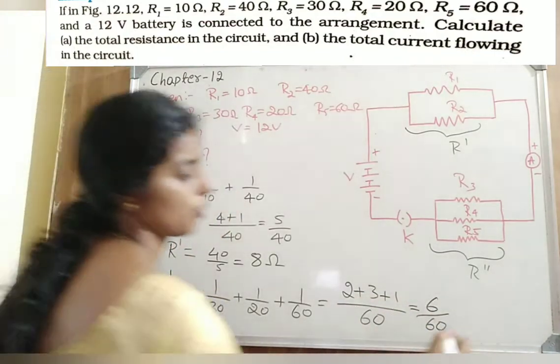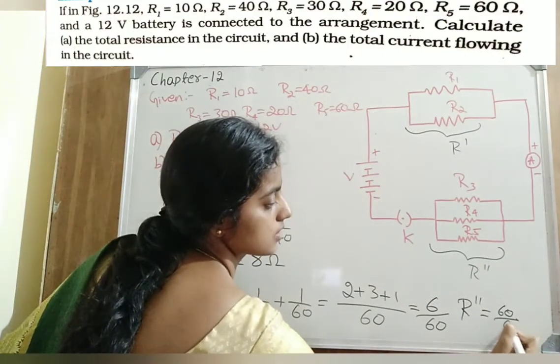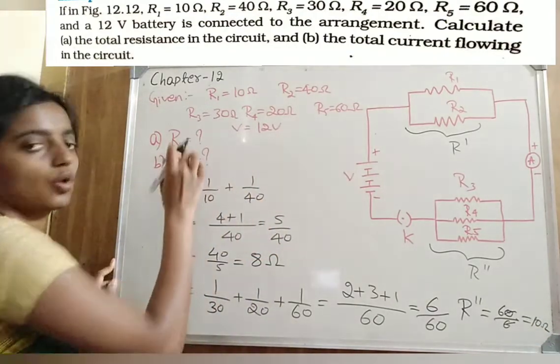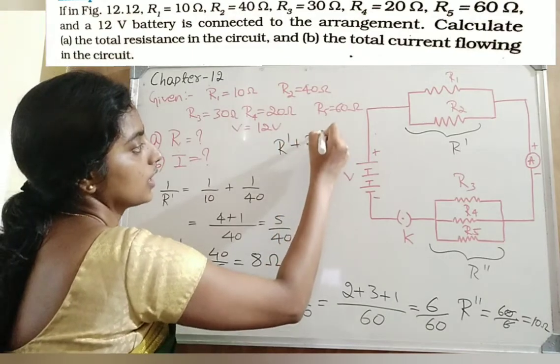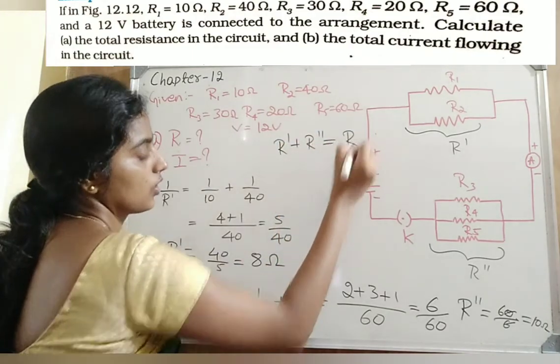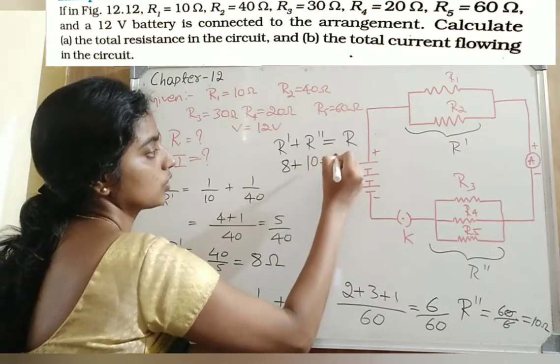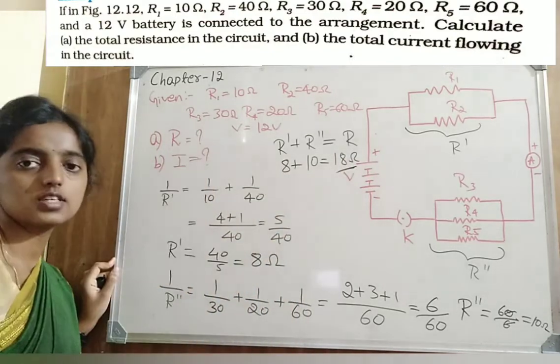Reciprocal of this, what will we get? R double dash is equal to 60 by 6, that is nothing but 10 ohm. Now we need to find the total resistance. That is nothing but R dash plus R double dash will give R. So 8 plus 10 is equal to 18 ohm, which is our answer for the first question.